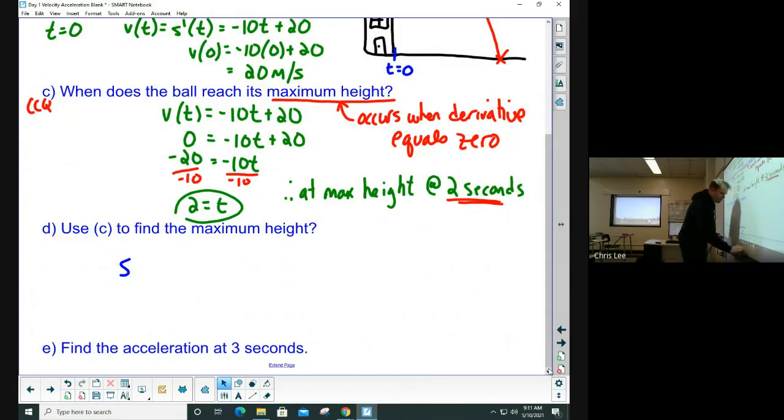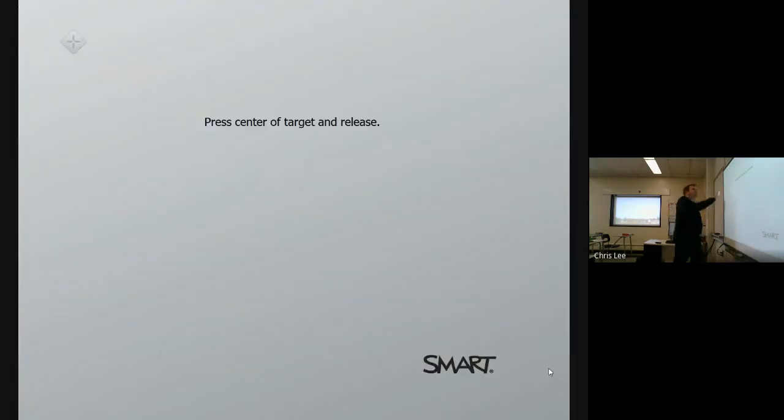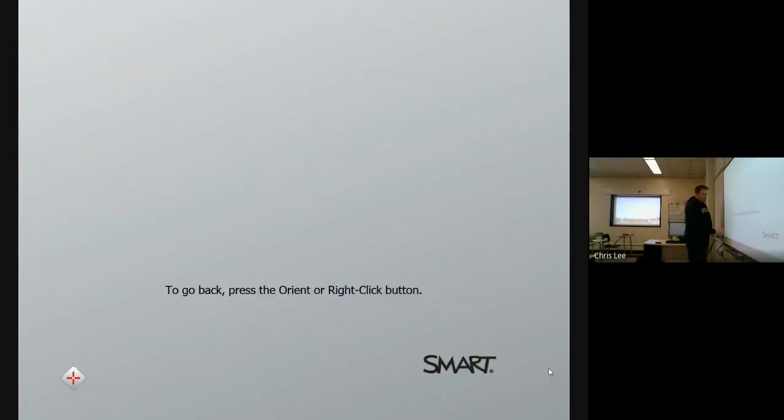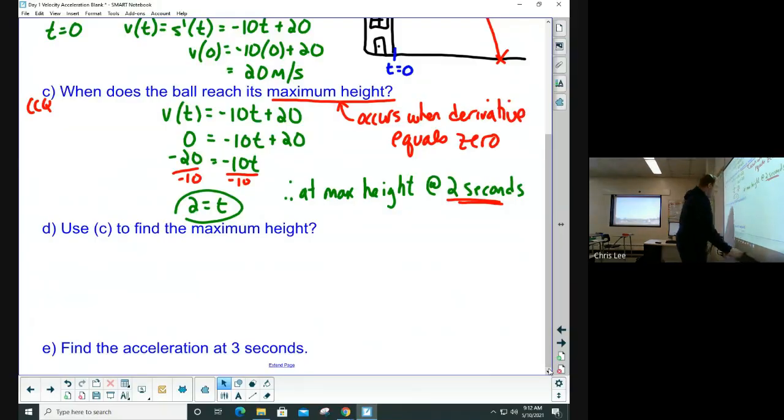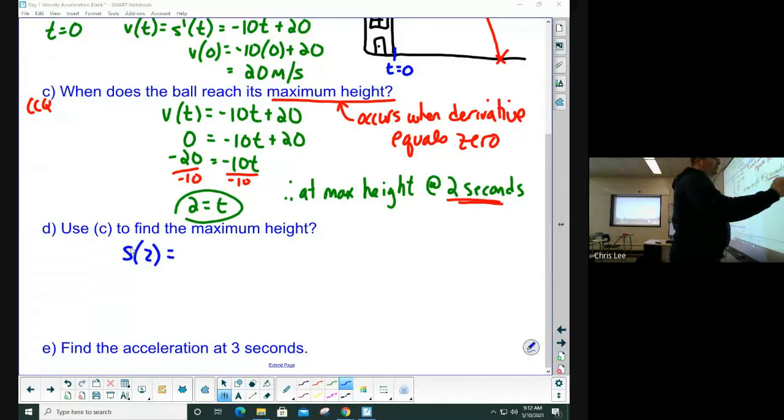Apparently this word's gone wonky again. So we're going to plug it into the s function, or the height function. So what we want is s at 2. So I'll just go up and see if I can read that again.